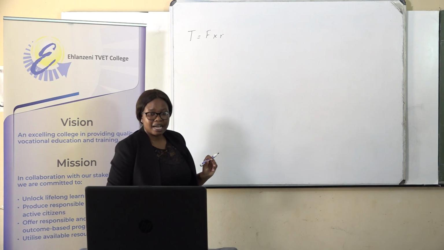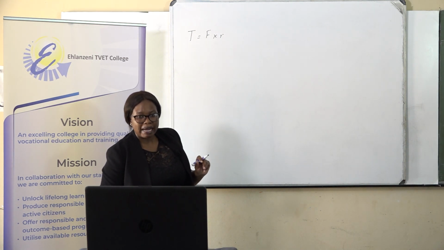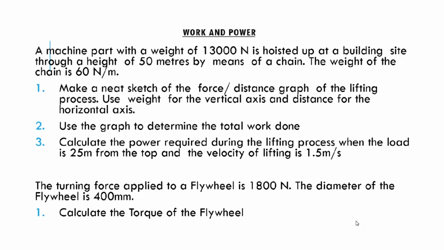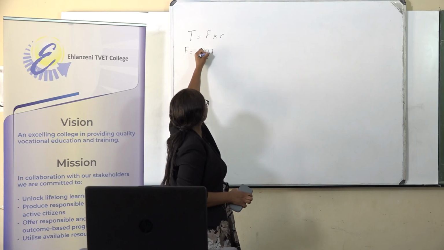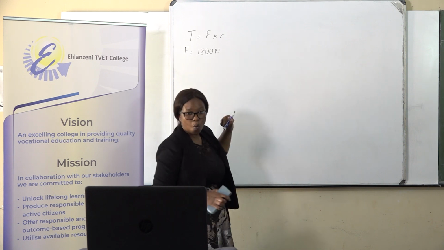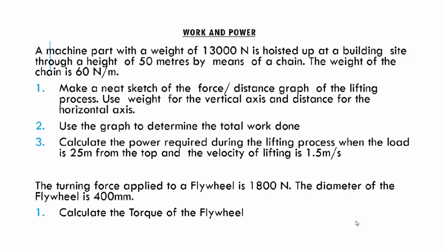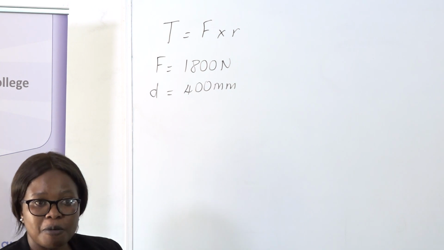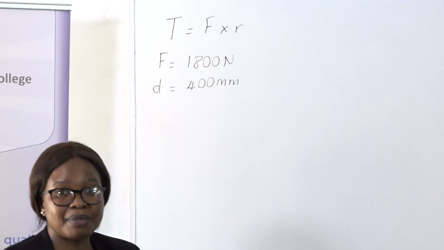Let's put down the data. What are we given? We are given the force, which is 1,800 newtons, and we are given the diameter, which is 400 millimeters. But according to our formula, we say force times radius.